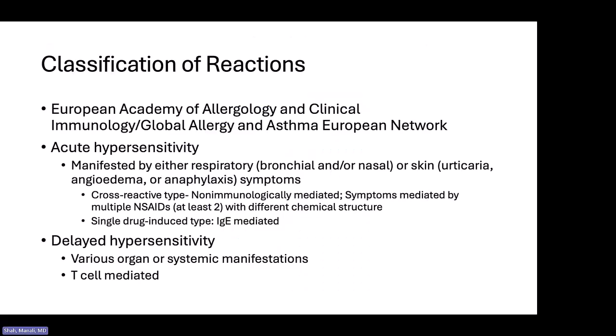So there are different types of reactions to aspirin and NSAIDs. It's really based on the European classification. They divided reactions into acute hypersensitivity reactions and delayed hypersensitivity reactions. With the acute hypersensitivity reactions, the symptoms are typically either respiratory, so upper or lower airways, or skin manifestations, so urticaria, angioedema, and then some can have anaphylaxis symptoms as well.